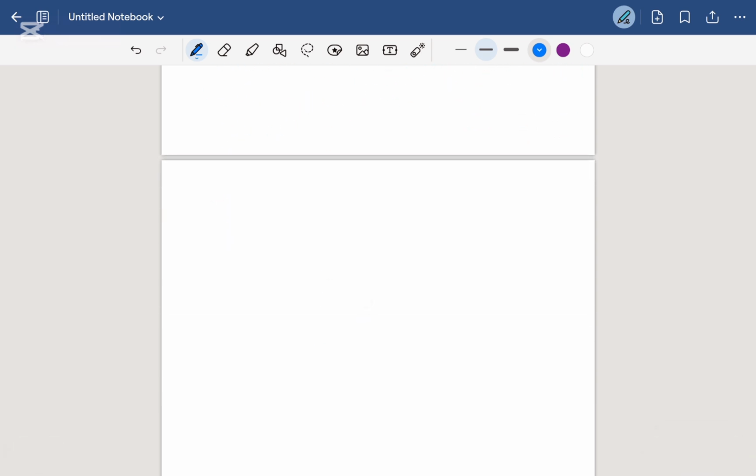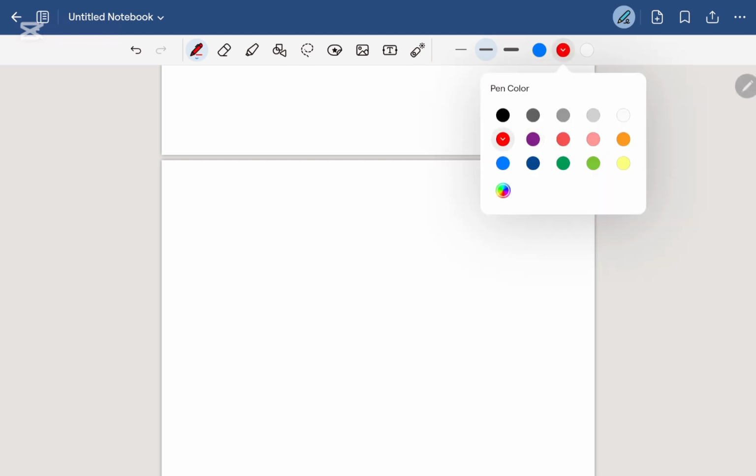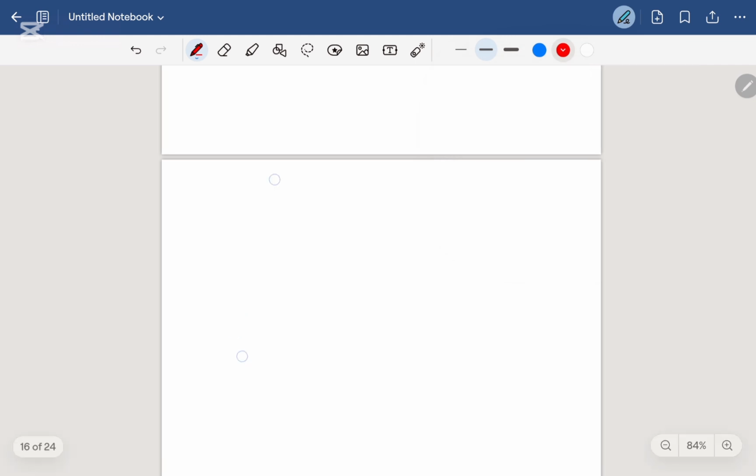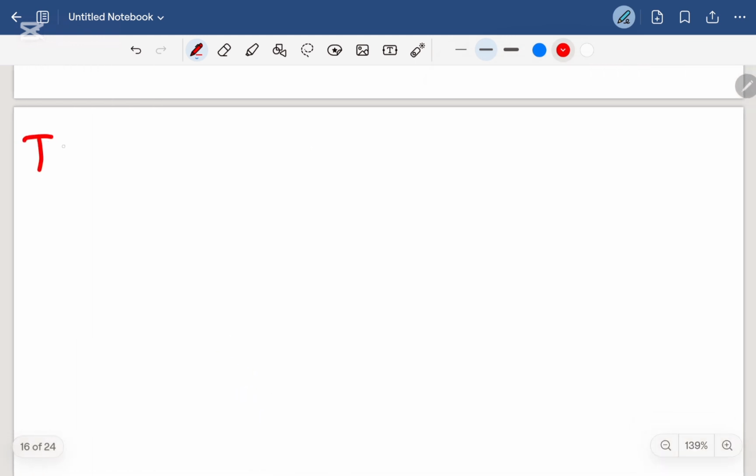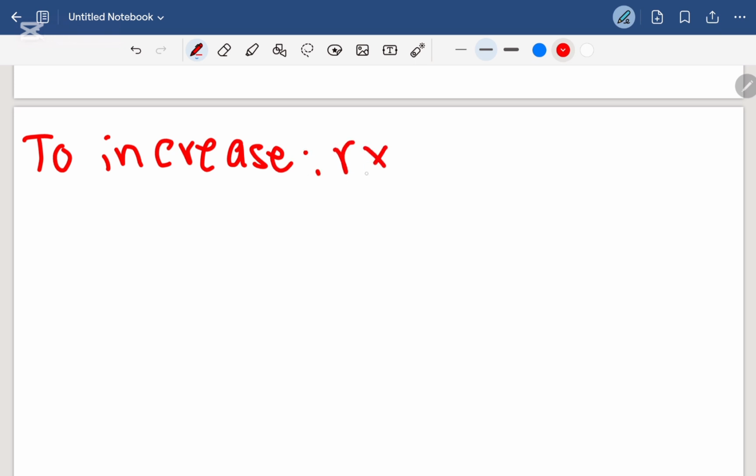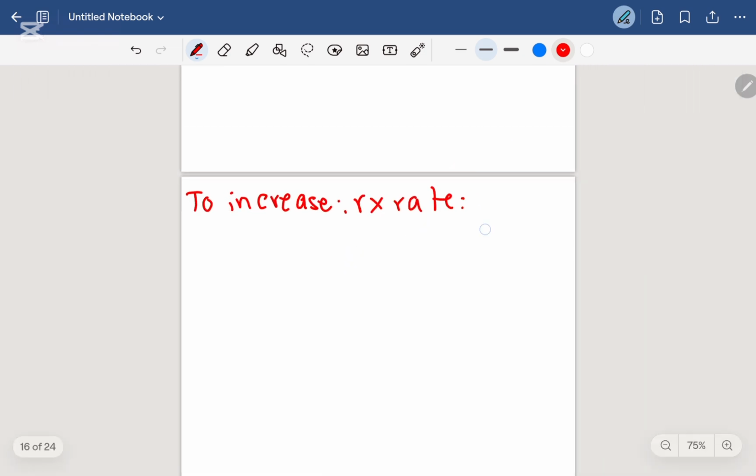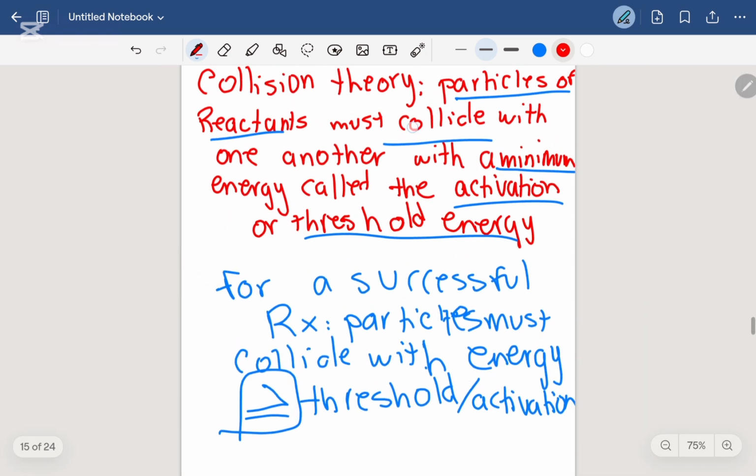Now, we were talking a lot about the reaction rate. Now we'll be talking about how we increase the rate of a reaction. So, to increase reaction rate. Logically speaking, we said for a proper reaction to happen, they must collide.